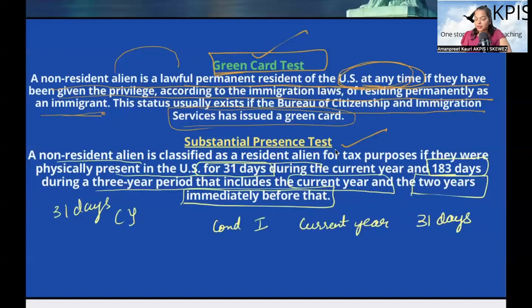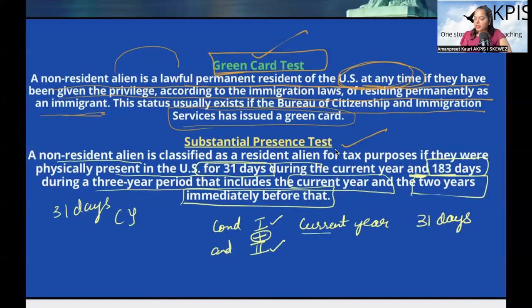Along with this condition, you are also supposed to comply with the second condition as well, because here it is "and" and not "or". Both the conditions need to be satisfied, only then will the substantial presence test be given a positive affirmation.